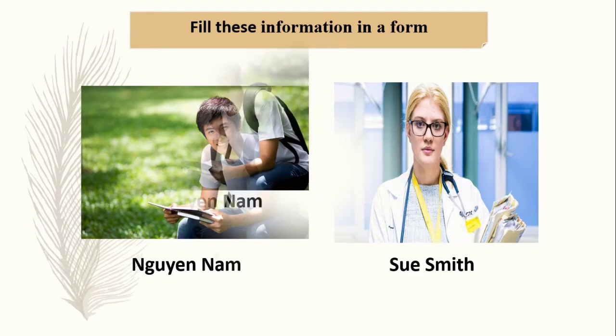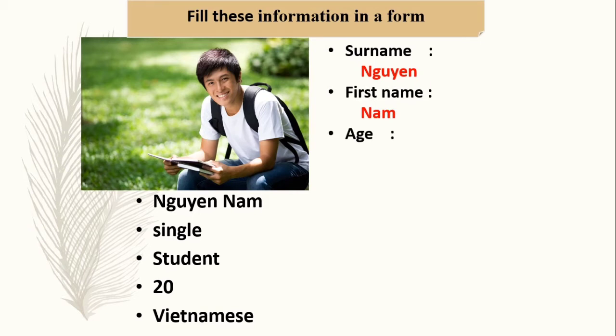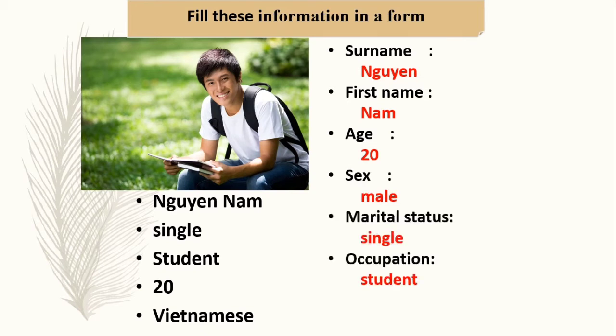Alright, the first form is about Nguyễn Nam. His surname is Nguyễn. His first name is Nam. He is a 20 years old student, a Vietnamese 20 years old student, and he is also single, right?